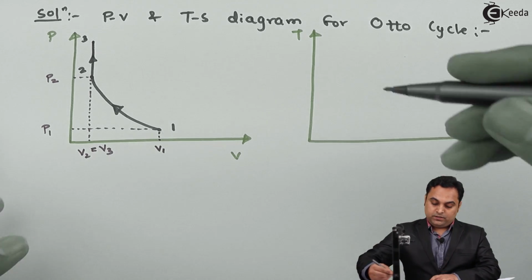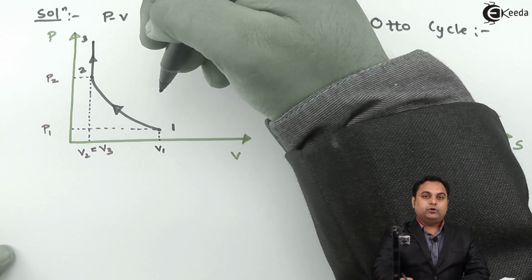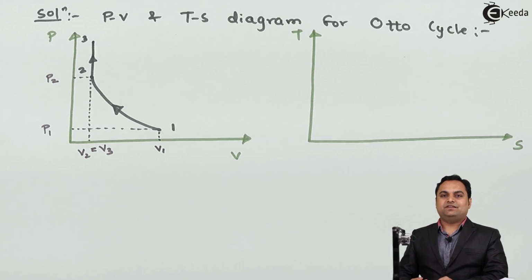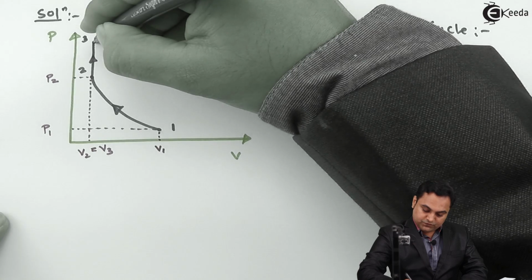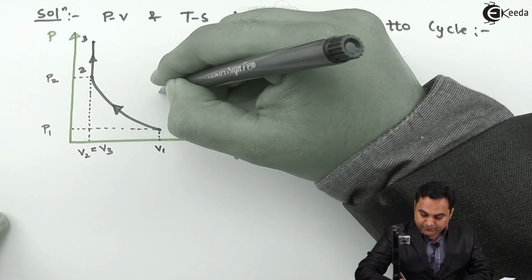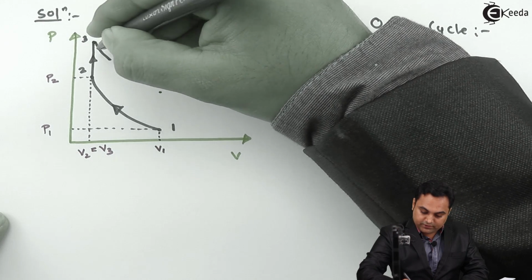Then after this, reaching point 3, from point 3 to point 4, the next process is called reversible adiabatic or isentropic expansion. Again, that expansion process will follow a curve like in the compression process.